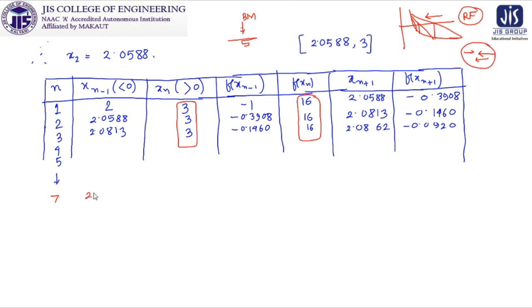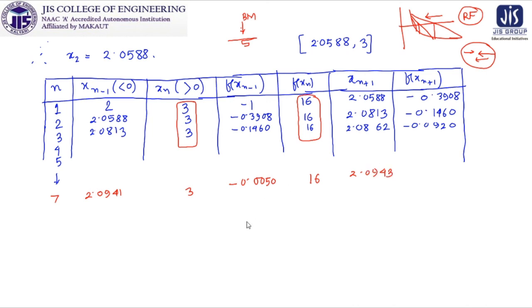So here if we go for the 7th step, where we can get it as 2.0941, it will be obviously 3. Now you got the confidence on this one. It will be minus 0.0050. This will remain as 16. It will be 2.0943.